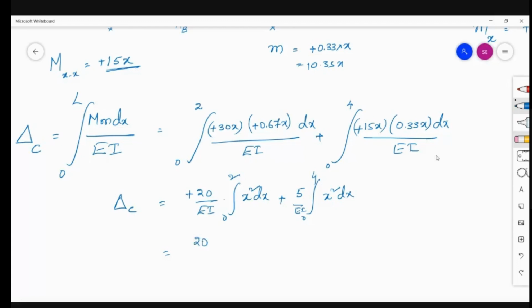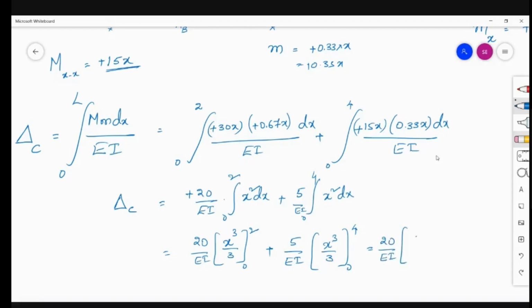So this is 20 by EI into x cube by 3, the limits are 0 to 2, plus 5 by EI into x cube by 3, 0 to 4. So simplify this, substitute the value: 20 by EI into 2 cube, that is 8 by 3, plus 5 by EI into 4 cube, that is 64 by 3.